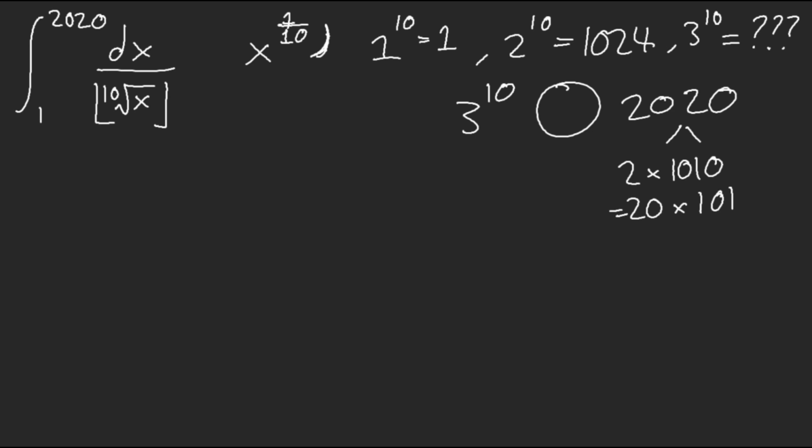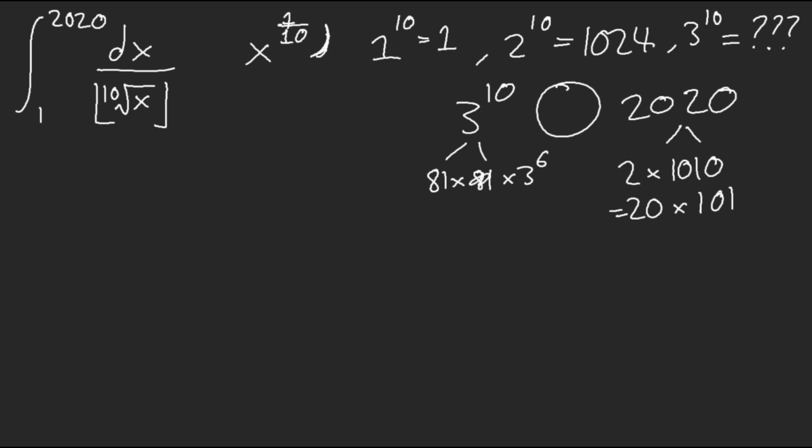Is that how that works? 101? Okay. Here we see that this is literally like 81 times 81 times 3 to the power of 6. Okay. Because 81 is 3 to the power of 4.